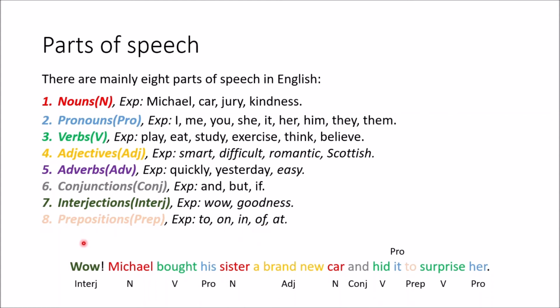In the sentence below, I have tried to make one example where we can see the order but also the function of each part of speech in a sentence. Wow! Michael bought his sister a brand new car and hid it to surprise her.